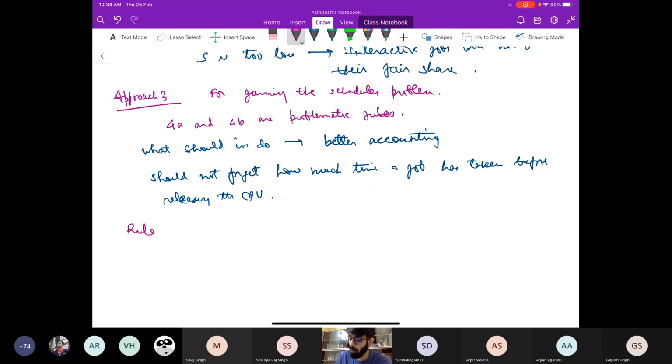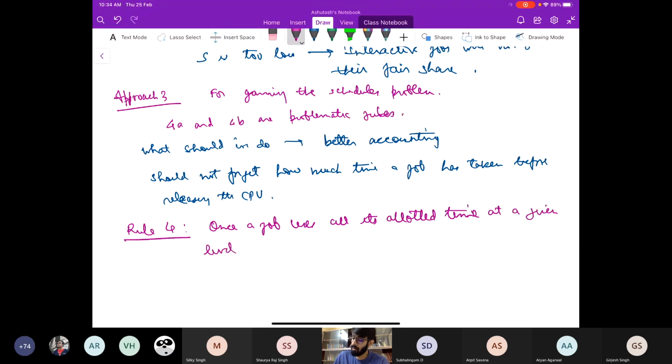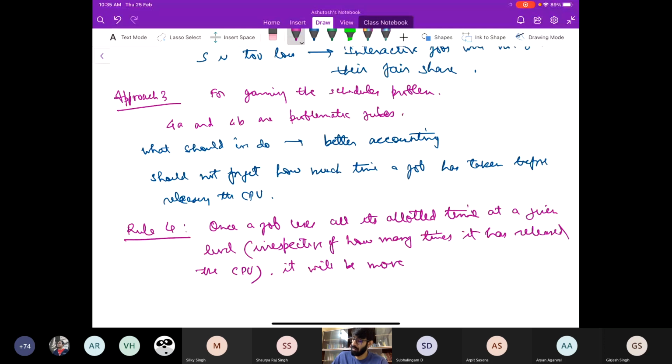Instead of 4A and 4B, now we have this rule 4, which says once a job uses all its time allotted at a given level, irrespective of in how many times, it will be moved down, or it will be lowered in priority, which is moved down 1 queue.